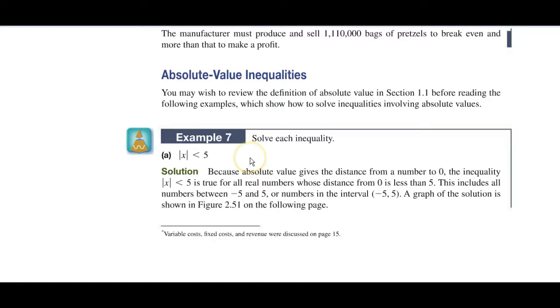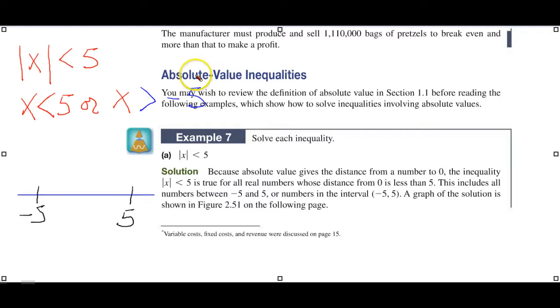All right, we're also going to at this time introduce absolute value inequalities. So as we do this, I will set up a little pattern for you of how to do them. Okay, the pattern for doing this, there's your initial statement. The absolute value of x is less than 5.